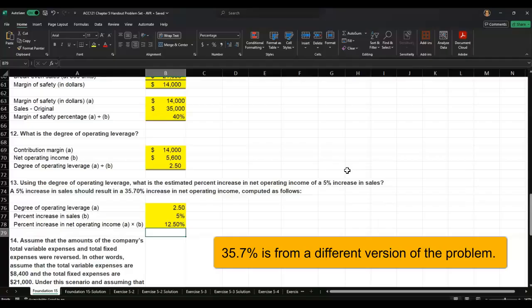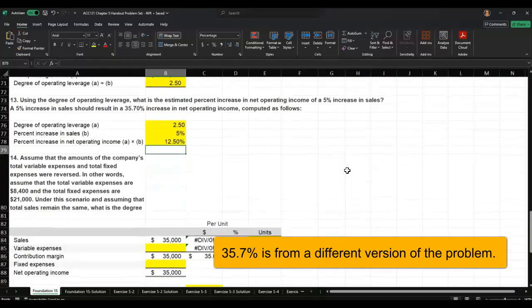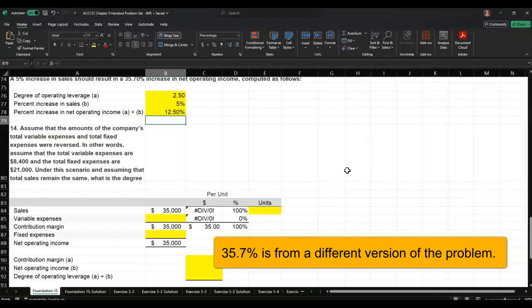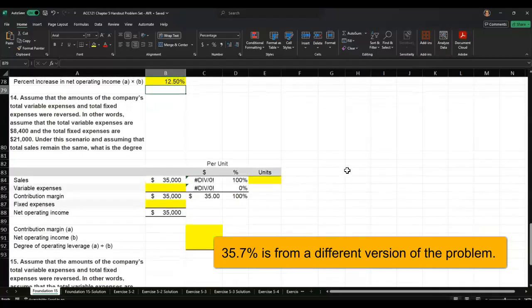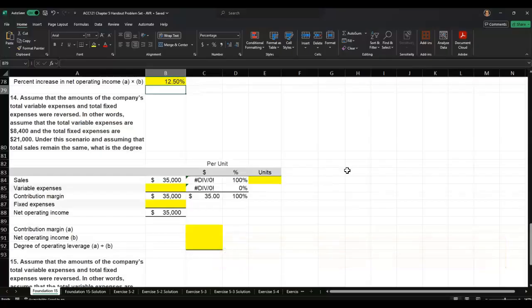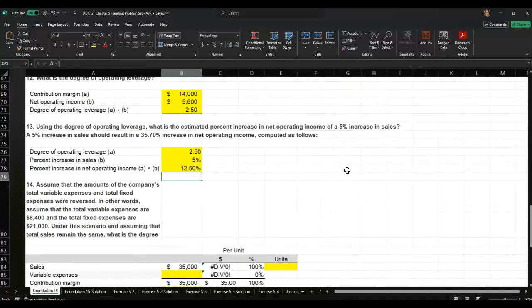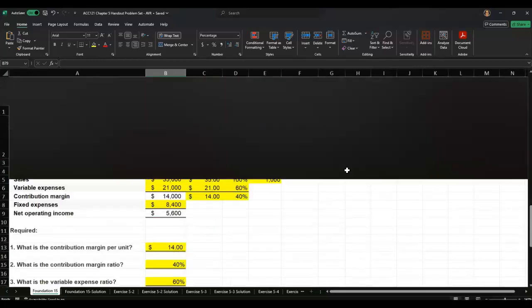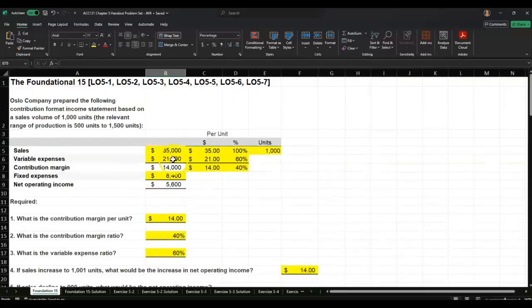So some of the interesting things that you can play with there, and again, we'll keep looking at that one because there's another problem that's got an operating leverage question on it as well. All right, so assume that the amounts of the company's total variable expenses and total fixed expenses were reversed. Again, big picture view, we're reversing the 21,000 and the 8,400.